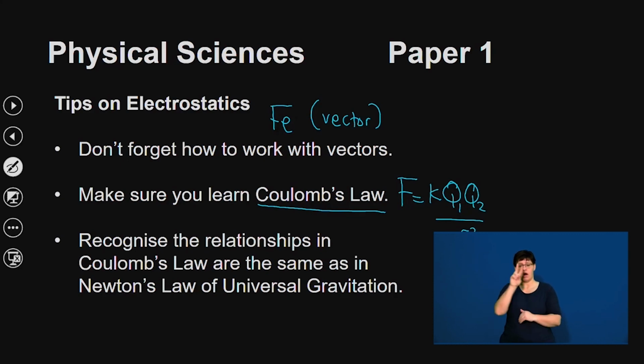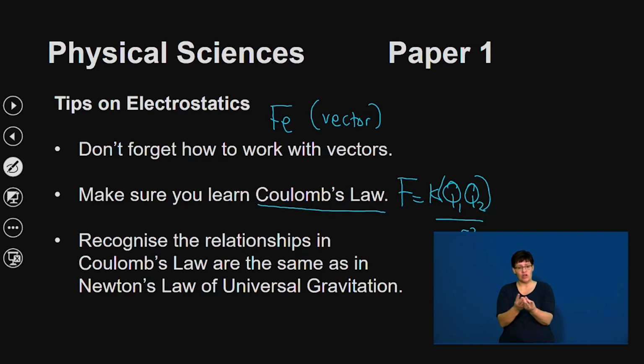So the mathematical equation captures the relationship between the product of the charges and the electrostatic force, as well as the square of the distance between those charges and the electrostatic force, right? So the key words are directly proportional and inversely proportional, but do not forget that this is about the square of the distance between the charges.